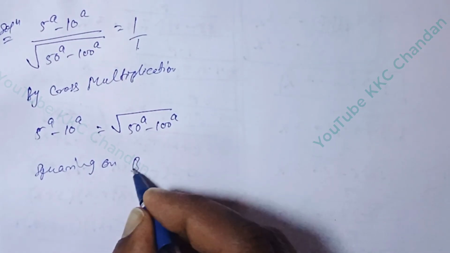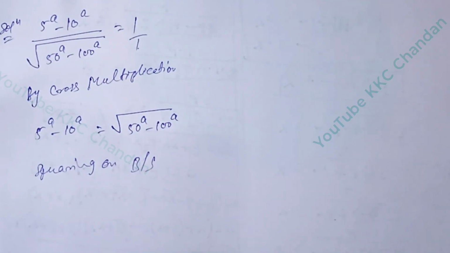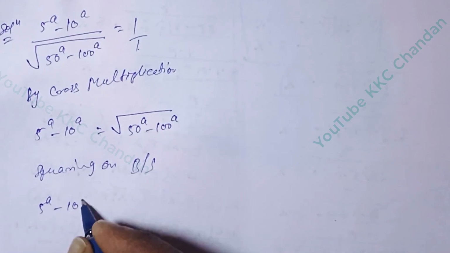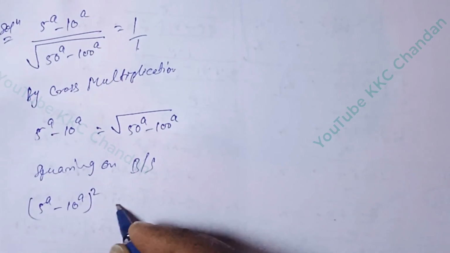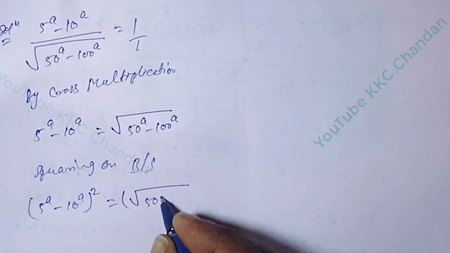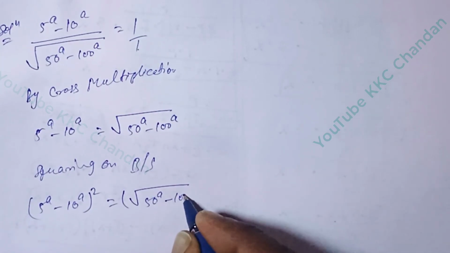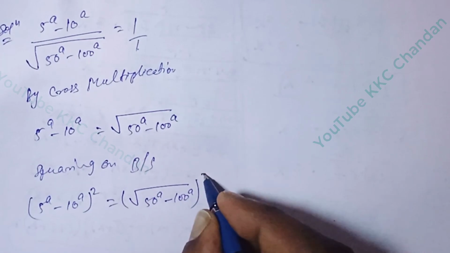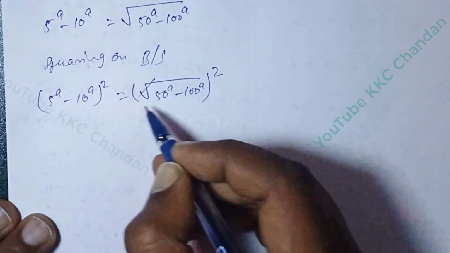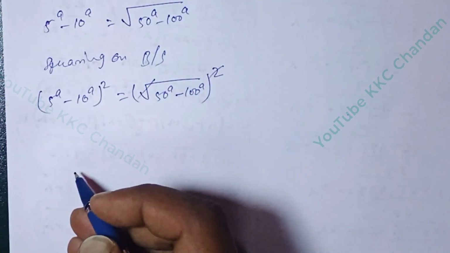on both sides. Next step, (5^a − 10^a) whole square is equal to (√(50^a − 100^a)) whole square. The root and square cancel.